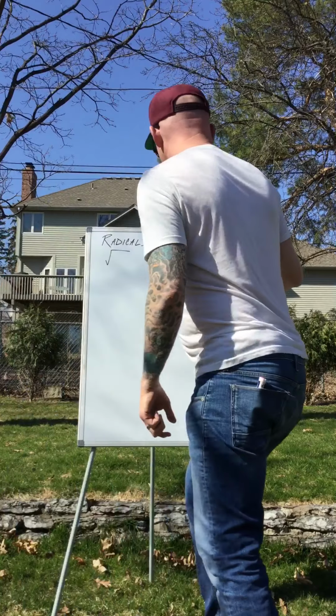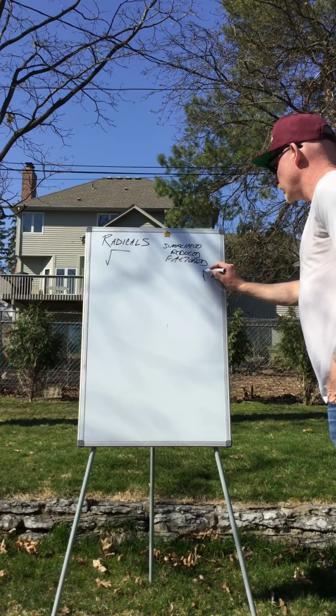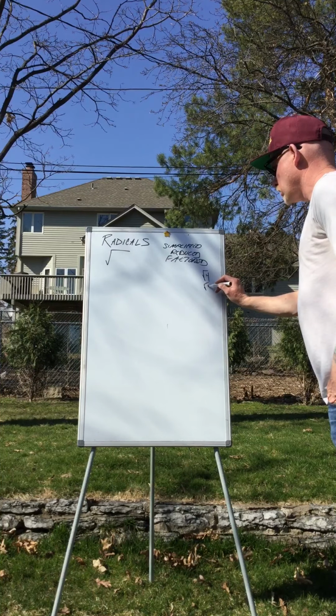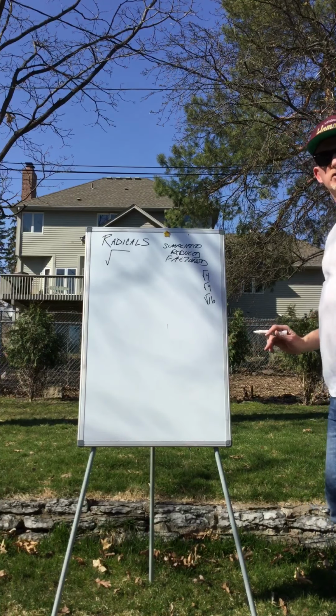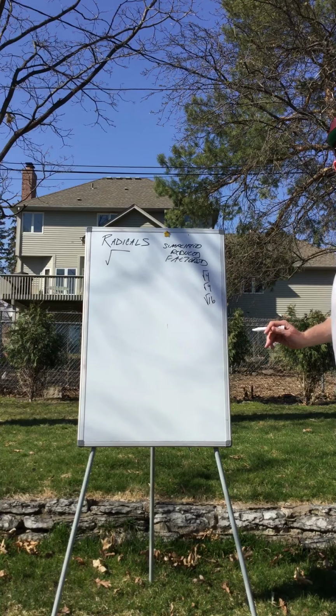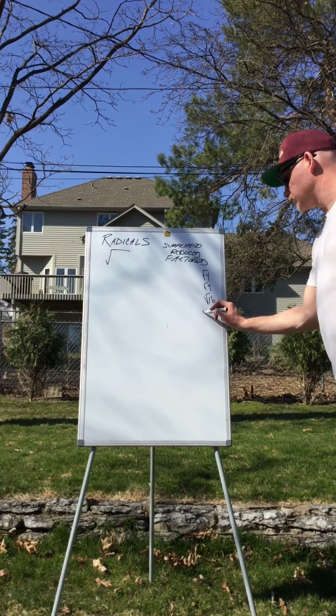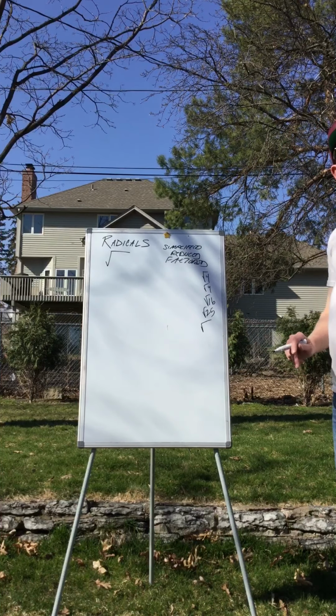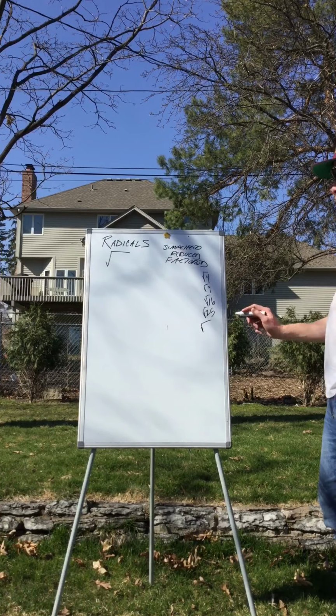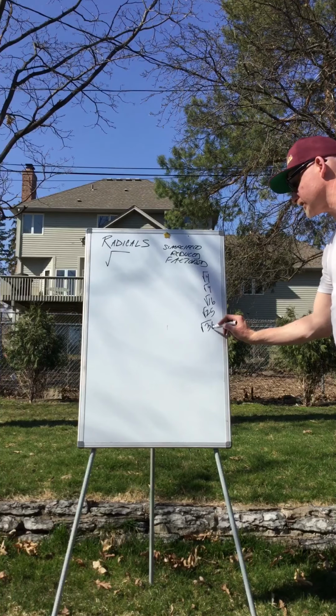So we have perfect squares: 4, 9, 16. Kiersey, what's next after 16? What's your guess? 12. 12 is not correct. It's 25. What's next after 25, you think? 35. Ooh, close. 36.